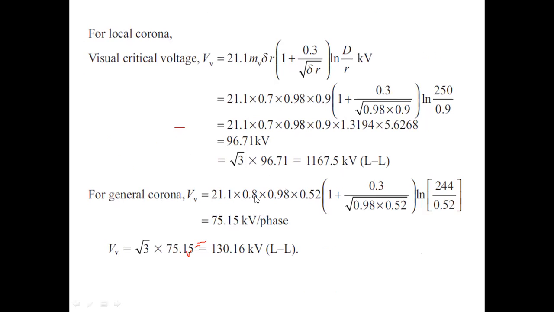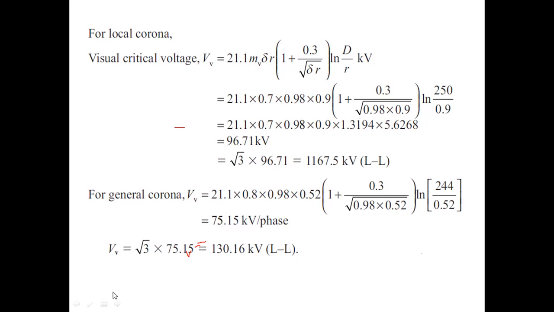So the greater the M value, the greater the VV value, meaning the smoothness is high, as compared to the rougher condition. So VV, the line voltage for the general corona, is 130.16 kV, for line to line.